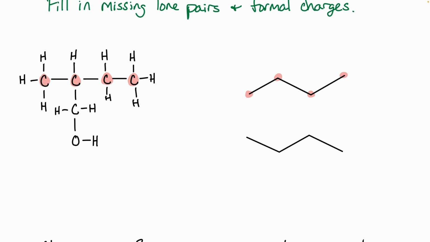That's perfectly fine. Okay, so now I need to include this carbon right here that is sticking off of my main chain, particularly off of that second carbon in the line.